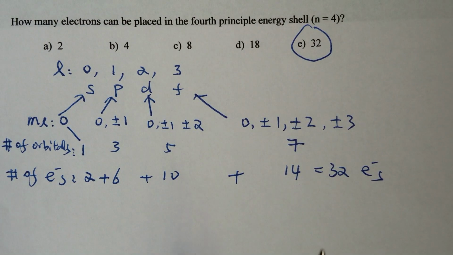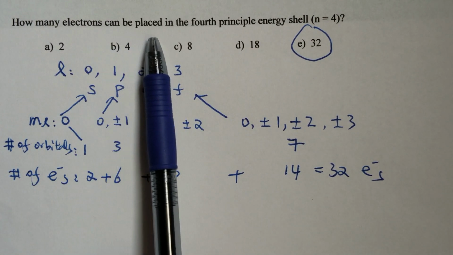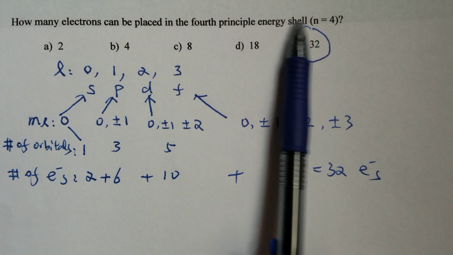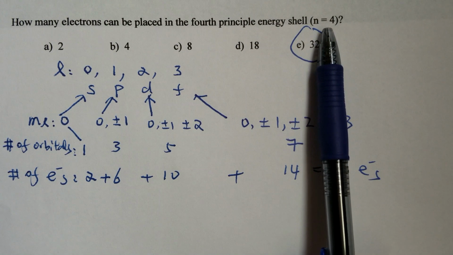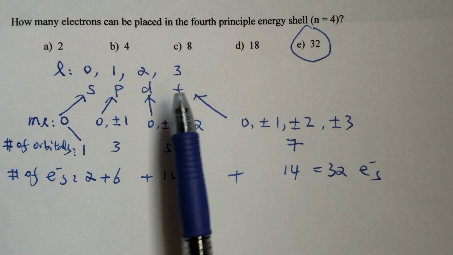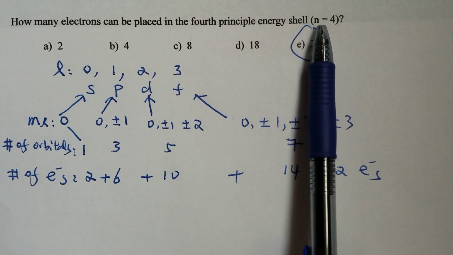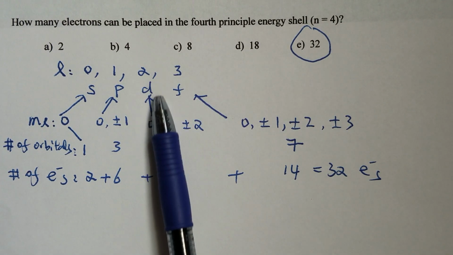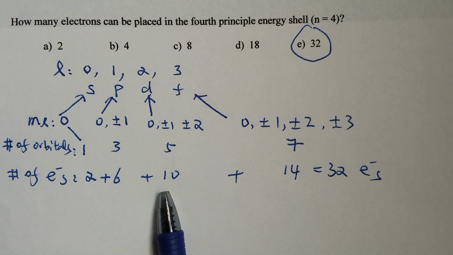Okay? So be careful. What is asked is the electrons that can be accommodated in the entire n equals 4 energy level. Okay? It's not in one subshell. It's not just like, for n equals 4, then L equals 2. For that subshell, that will be only 5 orbitals and 10 electrons.